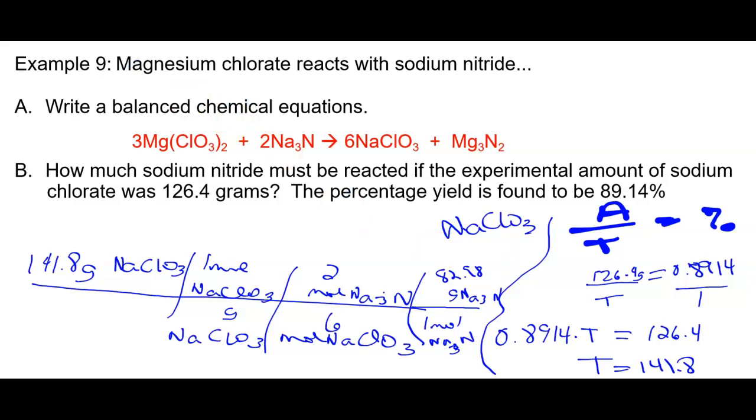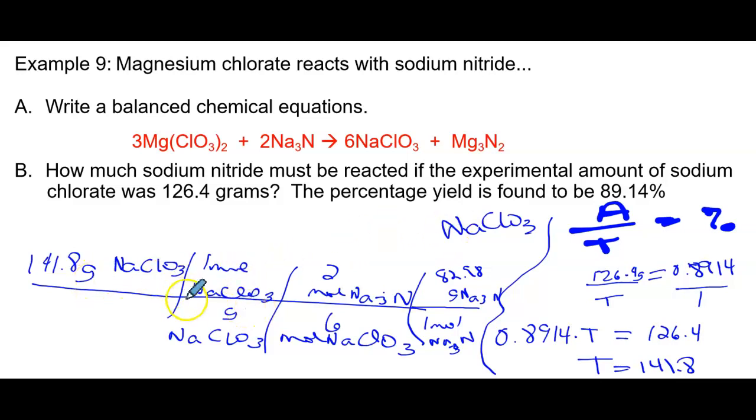We're going to multiply and divide. So we take 141.8 times 2 times 82.98, hit equals, divide by... I have to put in my molar mass of sodium chlorate. I did not do that. Let's figure out what that is. The mass of sodium chlorate would be 22.99 for 1 sodium, plus 35.45 for 1 chlorine, plus 3 oxygen, so 3 times 16, and I get 106.44.